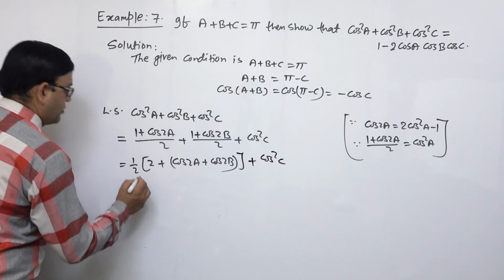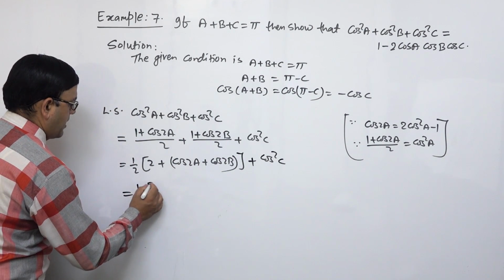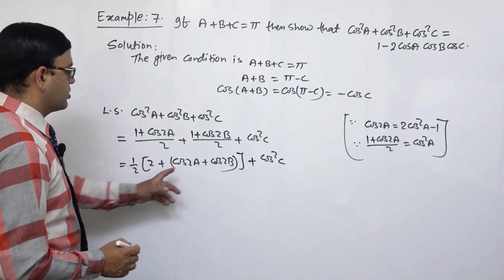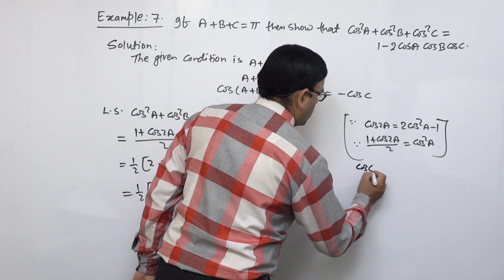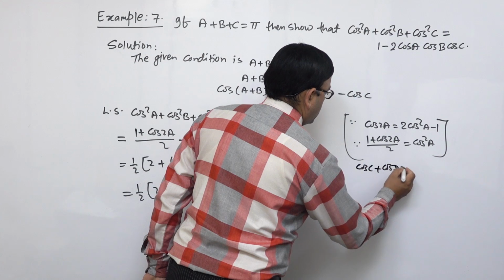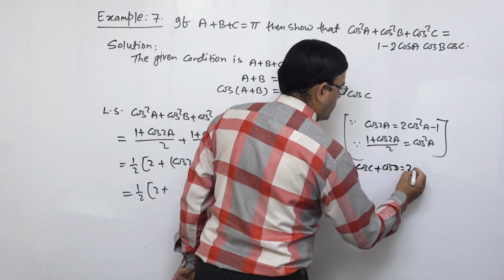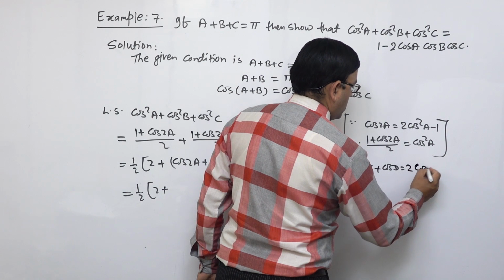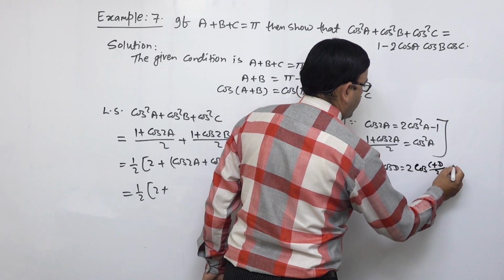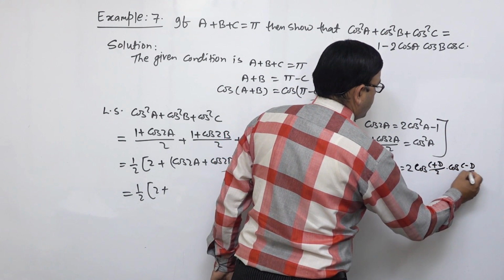Now we can use here 1 by 2 times 2 plus cos C plus cos D. You know the formula of cos C plus cos D is equal to 2 cos C plus D by 2 times cos C minus D by 2.